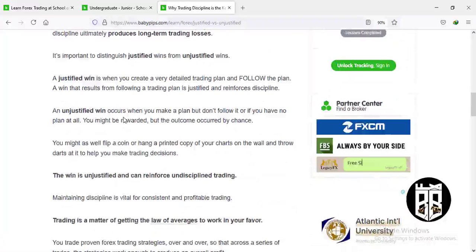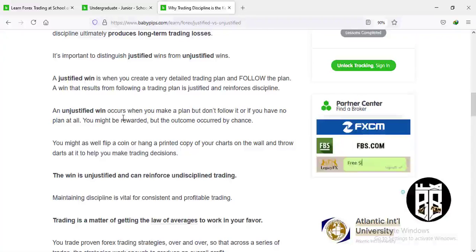So a justified win is when you create a detailed trading plan and follow the plan. A win that results from following a trading plan is justified and reinforces discipline. Okay, an unjustified win occurs when you make a plan but do not follow it, or if you have no plan at all.